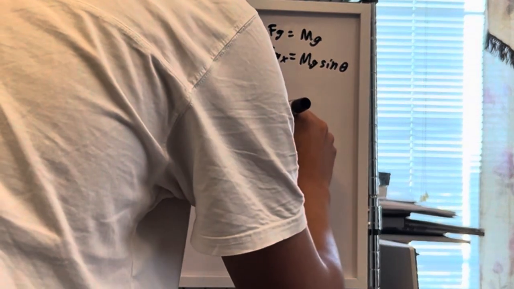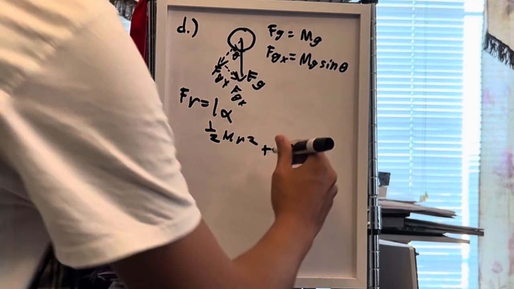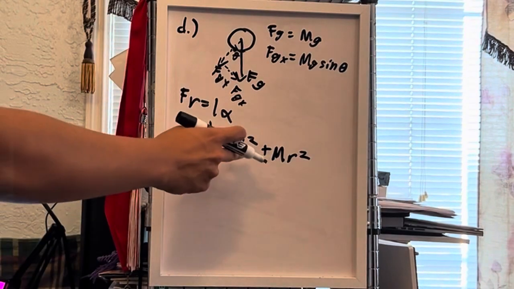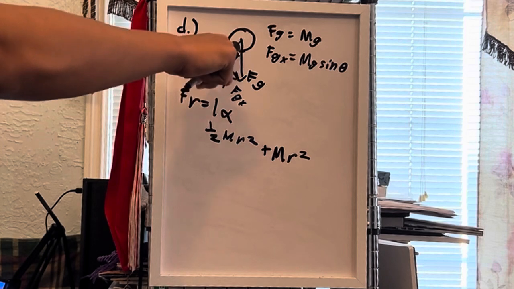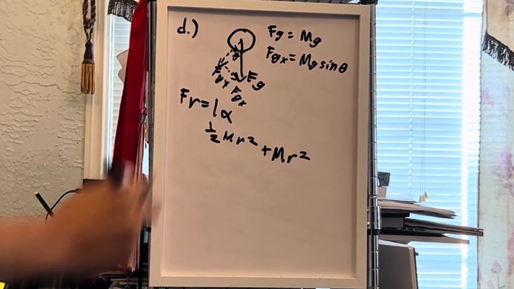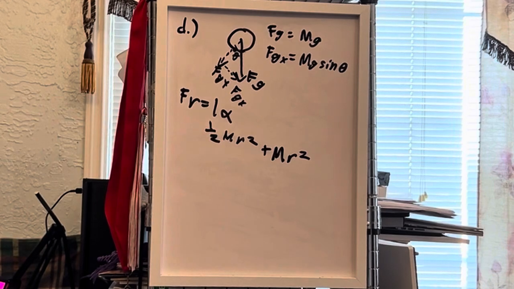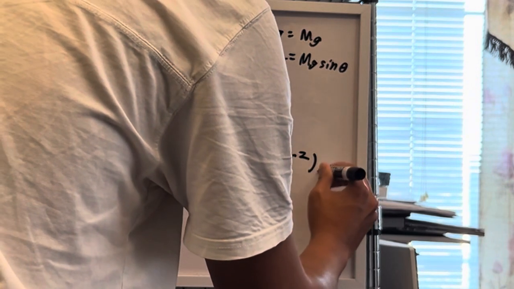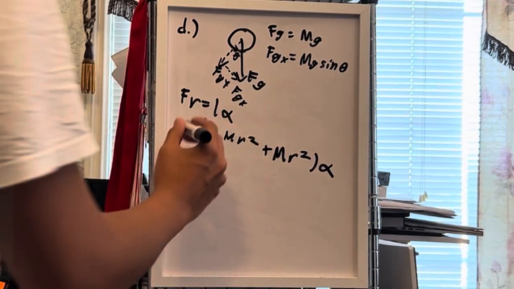So I know it's going to be plus md squared, but this d is r, so plus mr squared, like so. So that's the parallel axis theorem to account for the inertia now that the pivot has shifted here, because here is no longer the center of mass of the object. Before I was at the center of mass, so I could just do 1/2 mr squared, but now that I have shifted it down to the pivot, I have to use the parallel axis theorem. Like so. Alpha is still here, right? And Fr is like so.